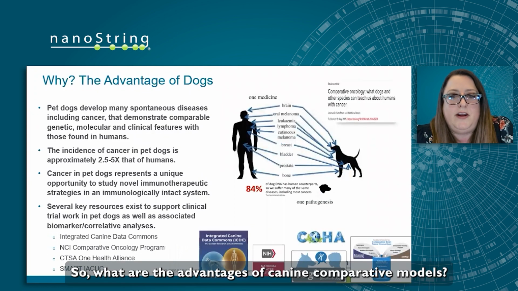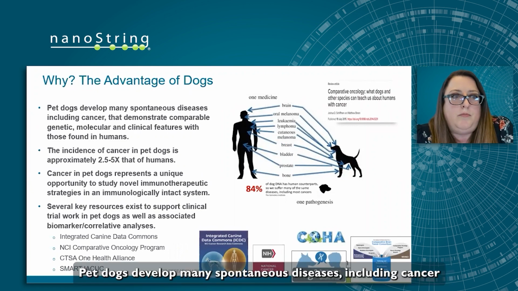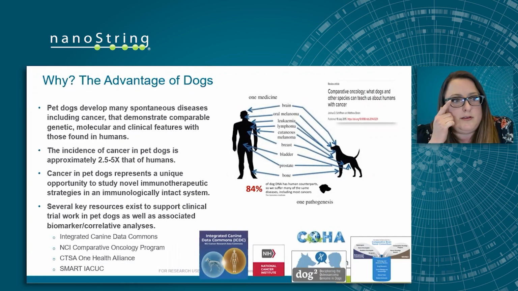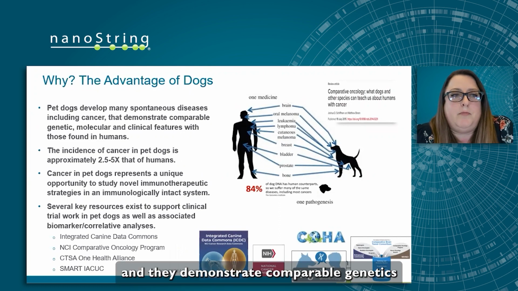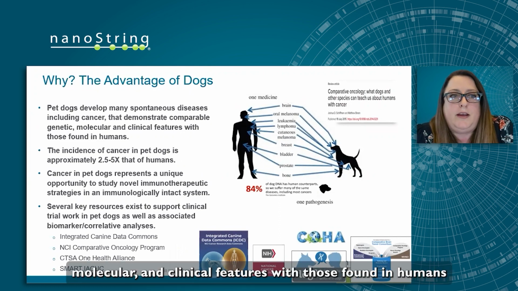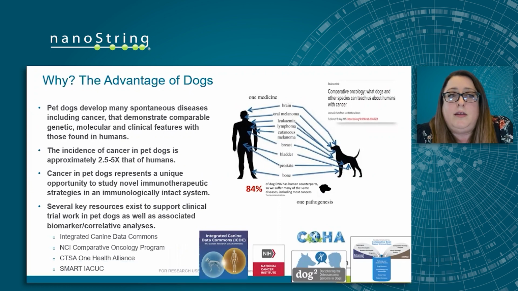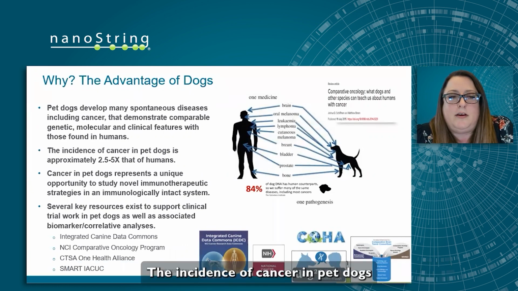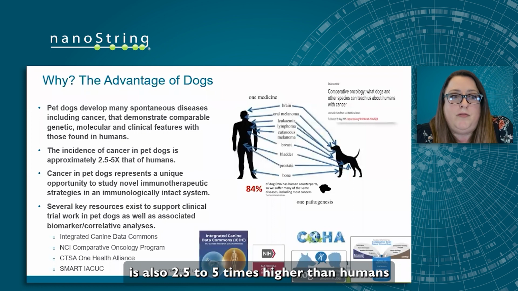So what are the advantages of canine comparative models? Pet dogs develop many spontaneous diseases, including cancer, and they demonstrate comparable genetic, molecular, and clinical features with those found in humans. The incidence of cancer in pet dogs is also 2.5 to 5 times higher than humans.